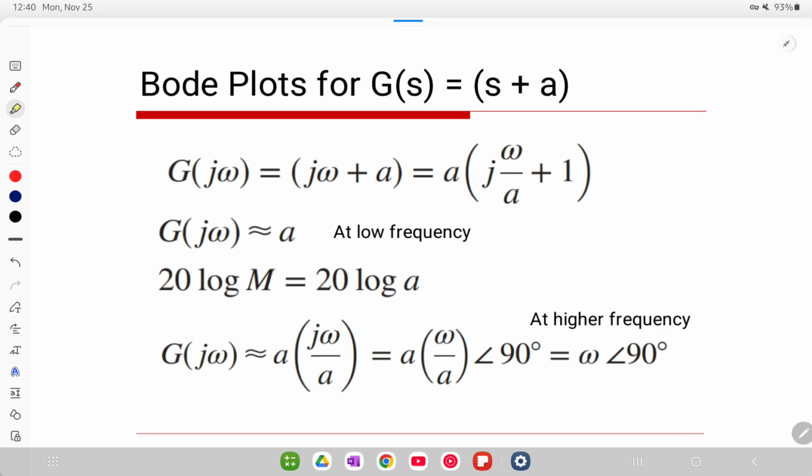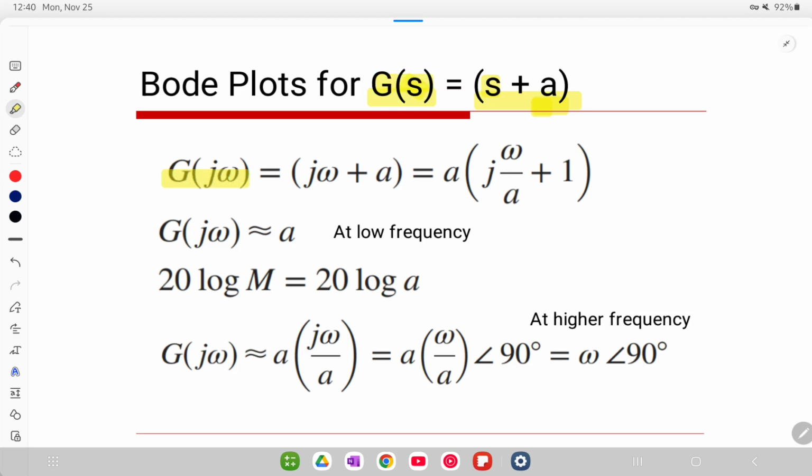So let's start with the Bode plot: G of S, a transfer function, a pure zero at S equal minus A, assuming A is a positive number greater than 0. Then step 1, wherever you see S, you replace it with j omega.